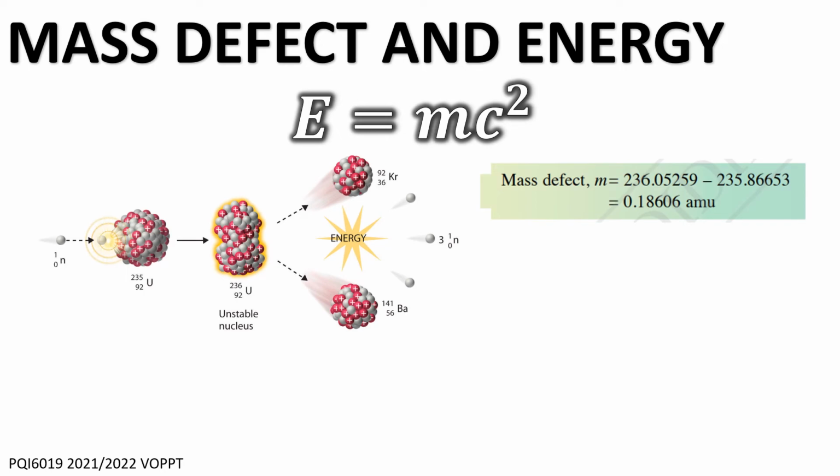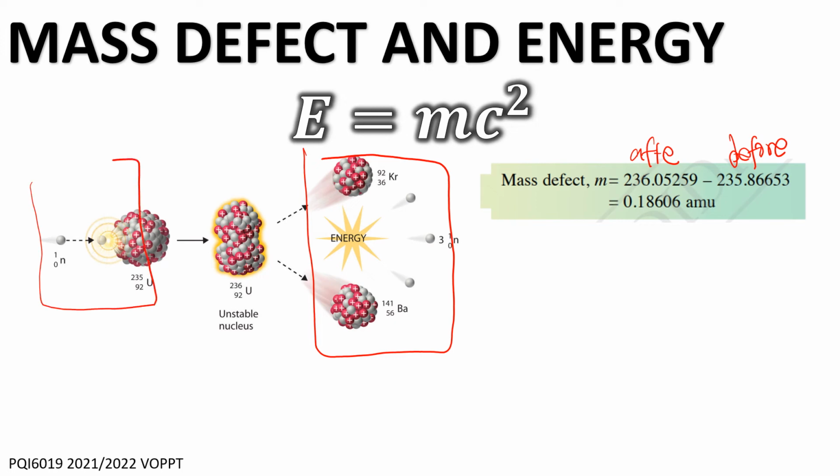How do we get the mass defect? Again, this is the total mass after fission, and this is the total mass before fission. Next, we plug the values into the formula.